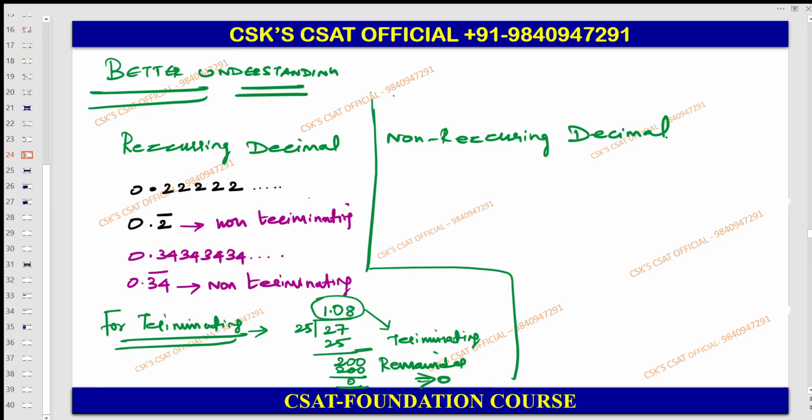So now in recurring decimal, I taught you two things here: non-terminating as well as terminating. Now let us come to non-recurring decimal. Non-recurring decimal means after this decimal point, the digits are not repeated.